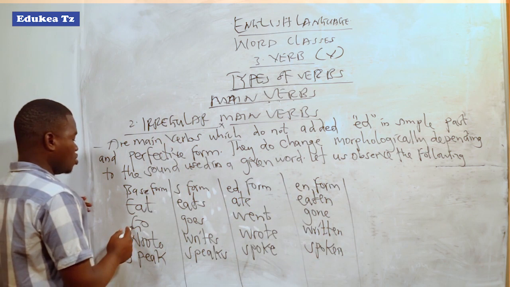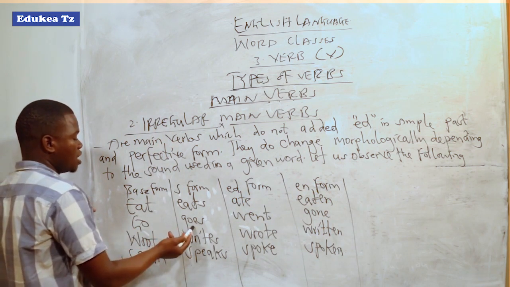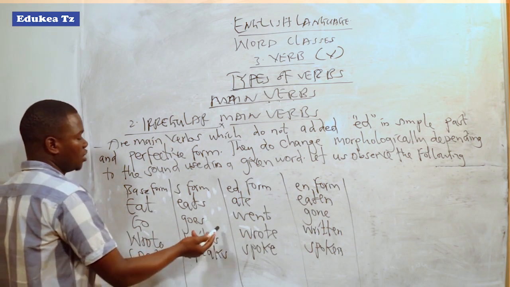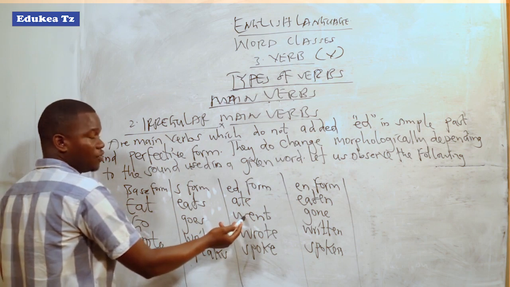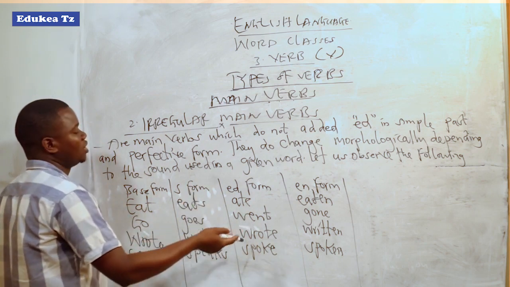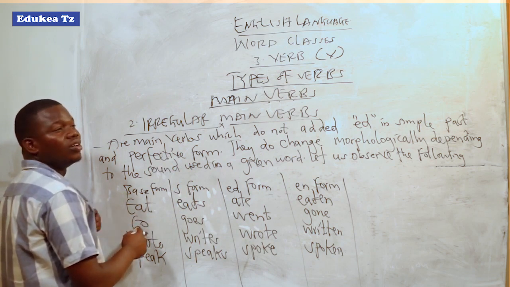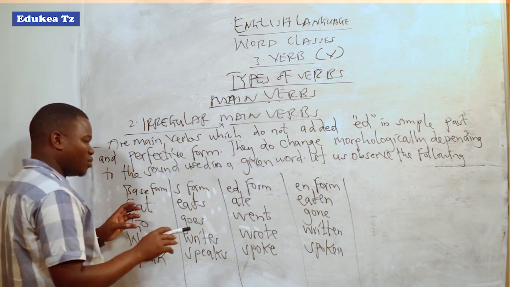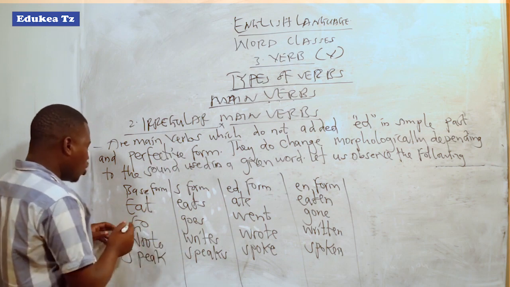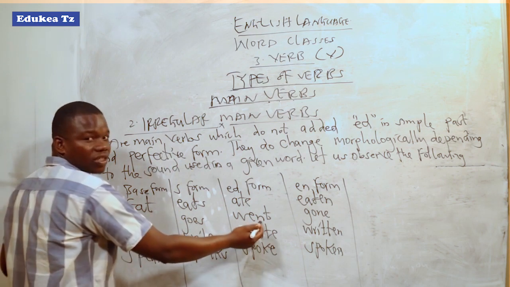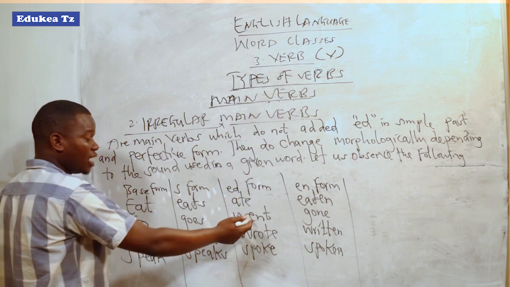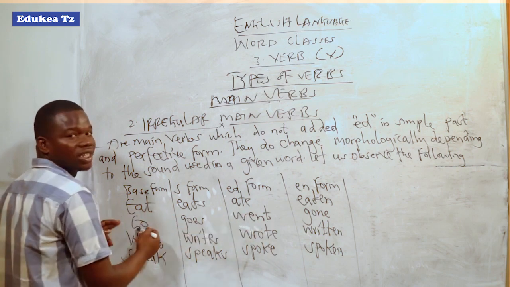Another example is go. Here we add es, then we get goes. But in ed form, that is the simple past, it does not add ed, it changes morphologically from go to went. So you can see that morphologically these are two different words.